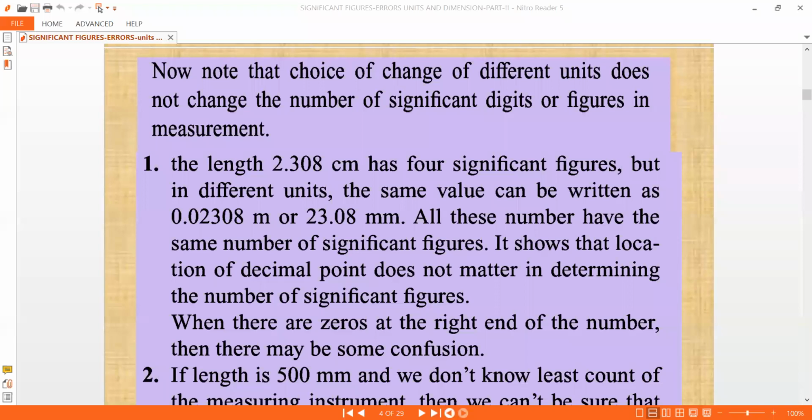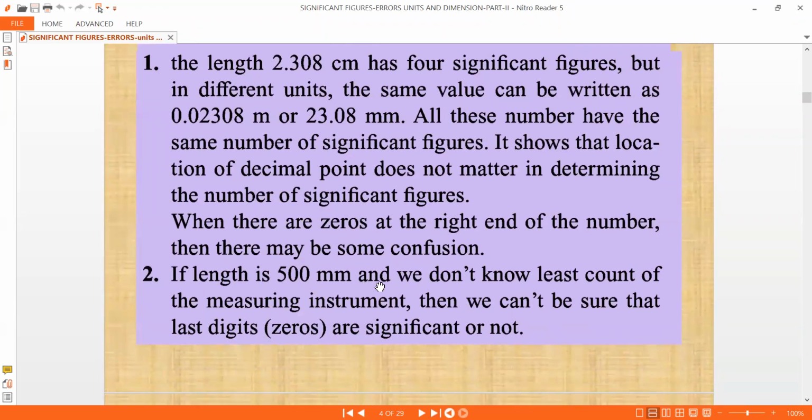If the length is 500 mm and we don't know the least count of the measuring instrument, then we can't be sure whether the last digit zeros are significant or not. See, if I just write this 500 mm, how many significant figures are there? So please remember this: unless I express it with a decimal, I'm not sure of the significant figures.